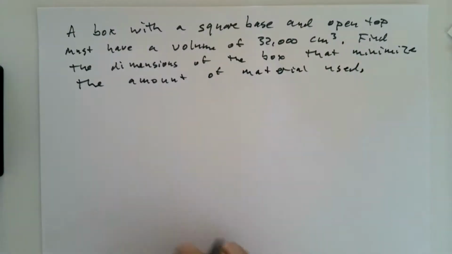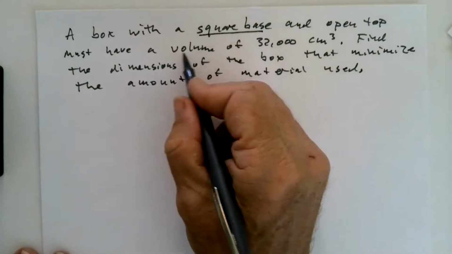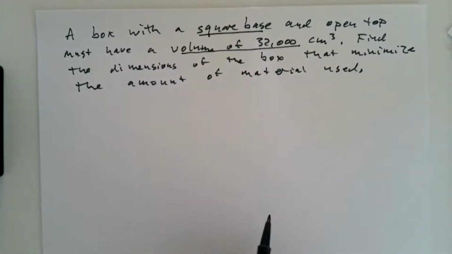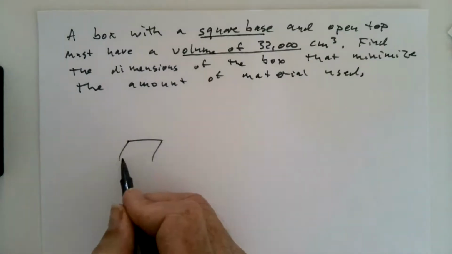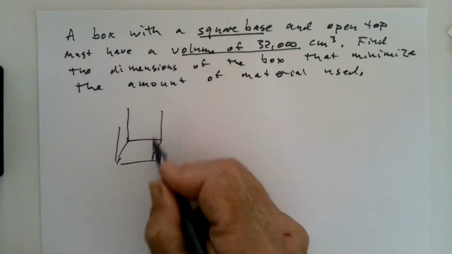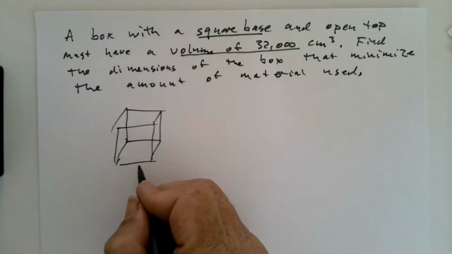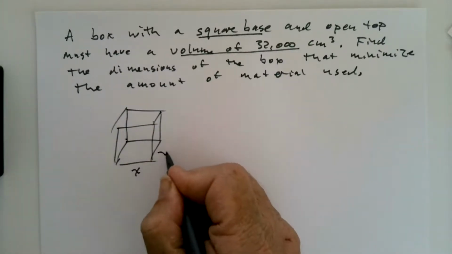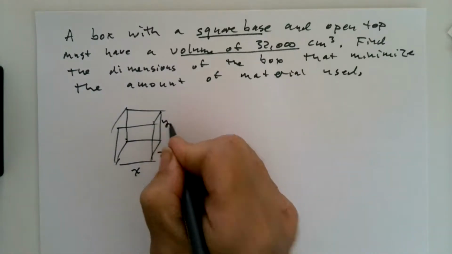So a couple things we've got to get here from this. Square base and volume of 32,000 cubic centimeters. So knowing that, let's draw ourselves a picture. The base is square, so what's sitting on the ground, these two distances are the same. The height I will call y.